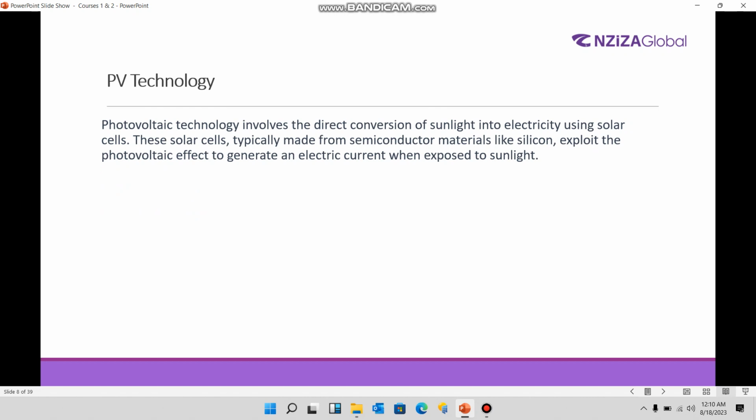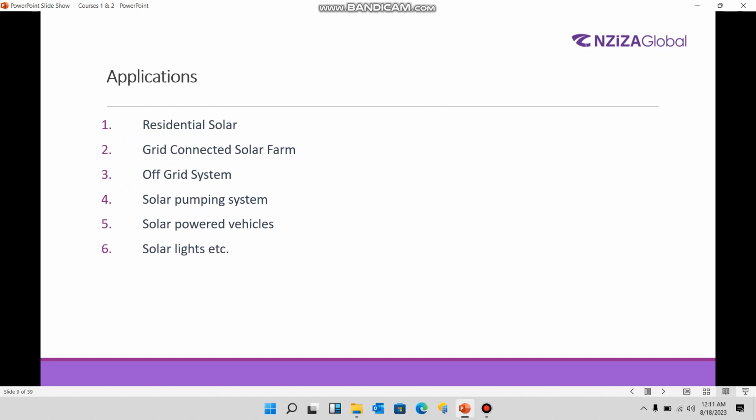As we know, photovoltaic technology involves the direct conversion of sunlight into electricity using solar cells. These solar cells are typically made from semiconductor material like silicon, using the photovoltaic effect to generate an electric current when exposed to sunlight.